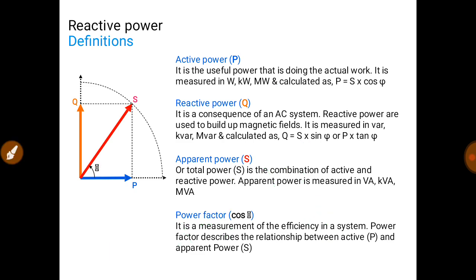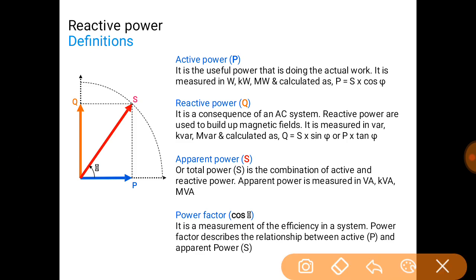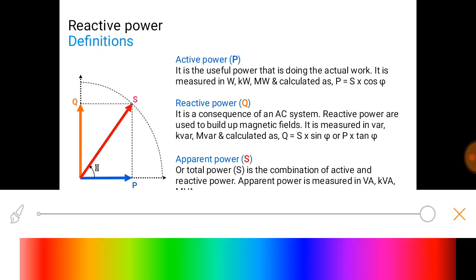Now we also try to draw a triangle between apparent power, active power, and reactive power. This is active, this is reactive.